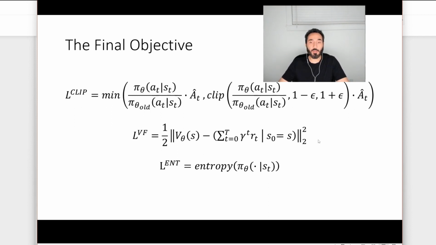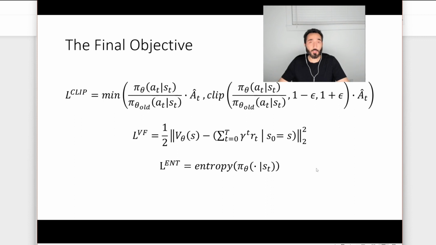For example, here we are working with the L2 norm. One can work with other norms, the L1 norm, the L infinity norm, or even other discrete norms. You can also apply a clipping mechanism to the value loss here. But the mean square error is a minimalistic loss and it works very well. So I think that would be good enough for us.